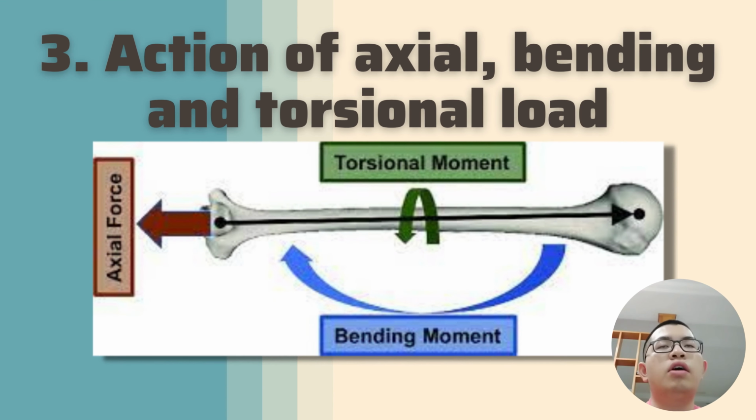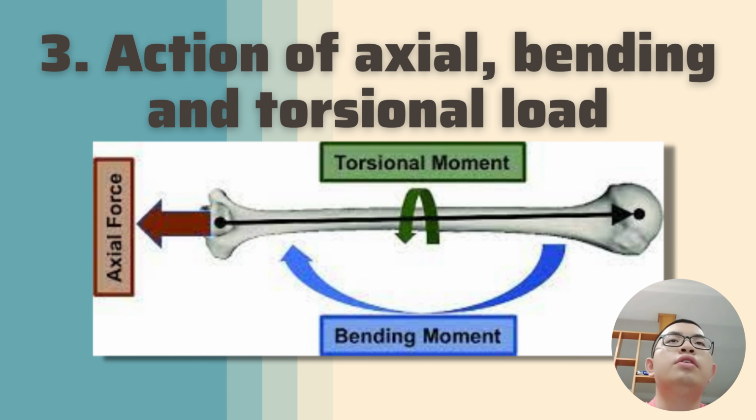Now we are going to talk about the action of axial, bending, and torsional load. Axial loads refer to the forces acting along the axis of an object, such as tension or compression. Bending loads occur when an object is subjected to forces that cause it to bend or deform, such as bending moments.